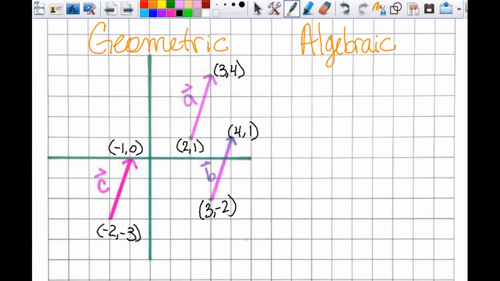So to come up with the algebraic vector, to write as an ordered pair, okay, so algebraic means ordered pair, basically. And we use these brackets. I will tell you, though, vectors sometimes don't use that notation.